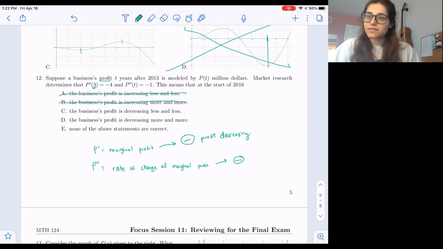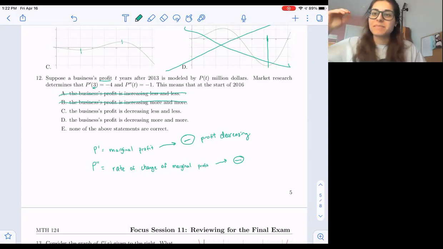Our second derivative is telling us how the first derivative is changing. So the first derivative is changing in that it's becoming more negative. Let me make sure I said this right. Okay, yeah. The profit is decreasing more and more.